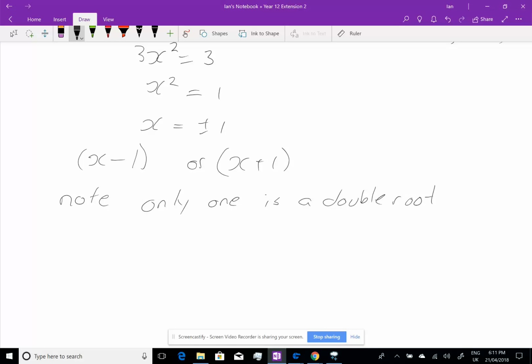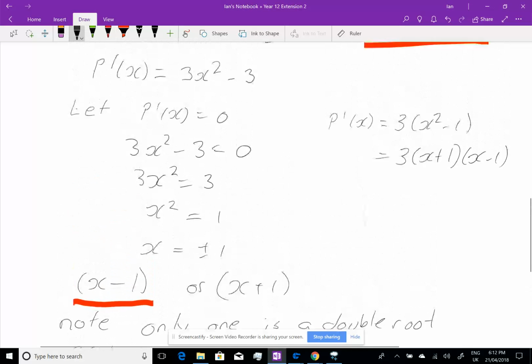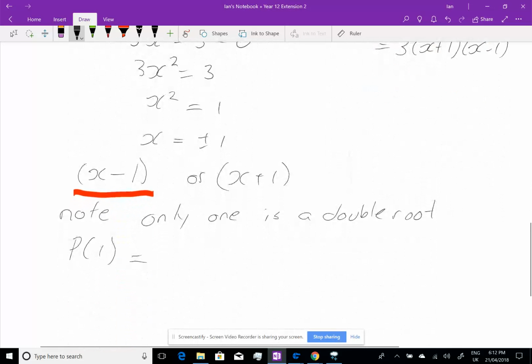Well, how do I find out which one? Easy, I just use the factor theorem. So I always go for P(1) first, when x equals 1. And I go, oh, P(1) equals, so what's the first equation? x cubed minus 3x plus 2. So 1 cubed minus 3 times 1 plus 2.